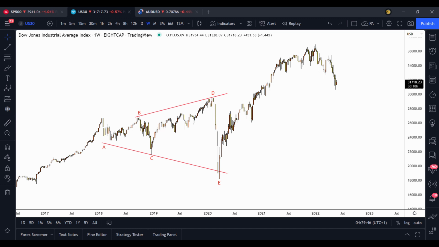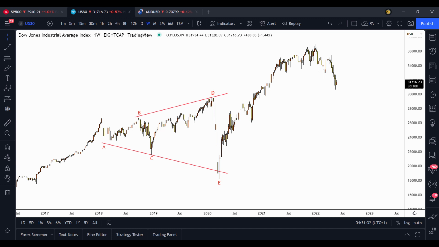You see that we have a wave A, B, which is longer than wave A, C, which is sharper than wave B, D, which is a lot longer than wave C, and then wave E, which was an extremely sharp fall and that did throw over slightly from the lower trend line, and then after we formed wave E, we had a nice bullish run. This is a very clean example of an expanding triangle, and it shows you exactly how the waves form and how the market ends up moving after the pattern has successfully formed.